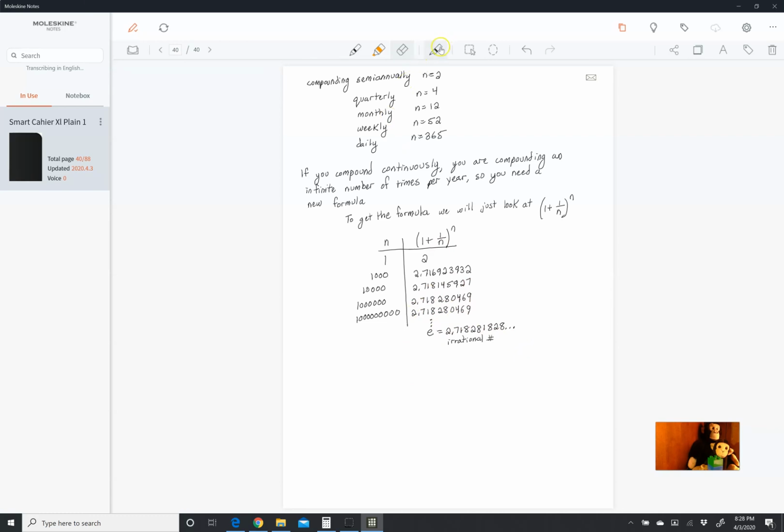So this means that we have one last formula. And you only use this formula when it says compounding continuously. This time, 1 plus 1 over N to the N becomes E, and the R actually moves into the exponent.